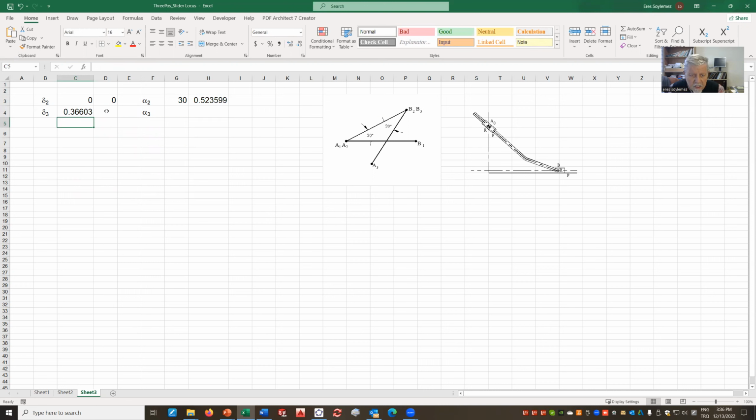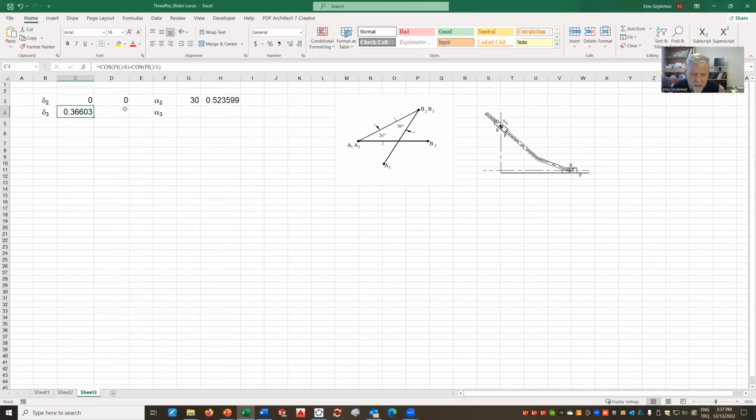That gives the x-coordinate of A3, and the y-coordinate will be the sines. So what I will do is first copy this formula. I have copied the formula, now paste it. It is cosine.